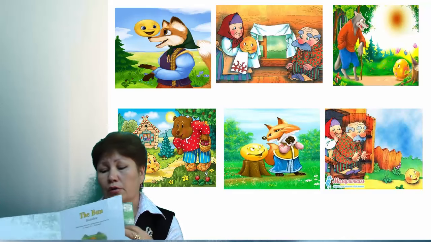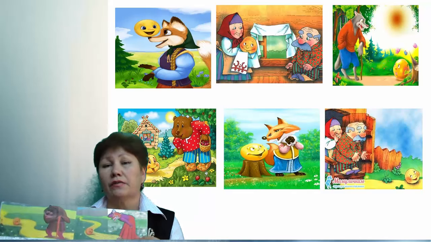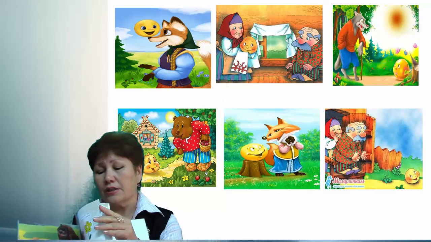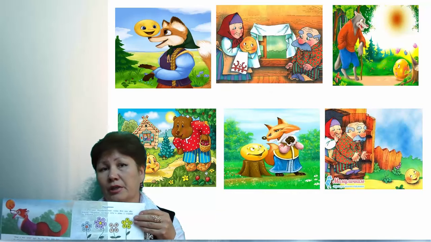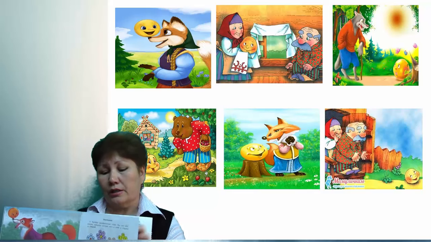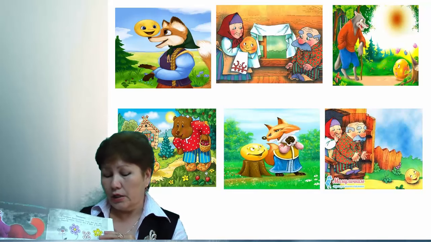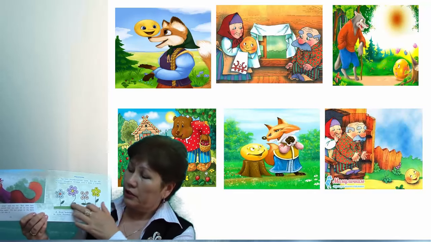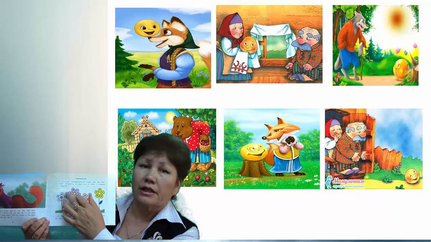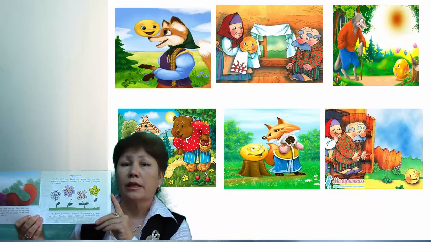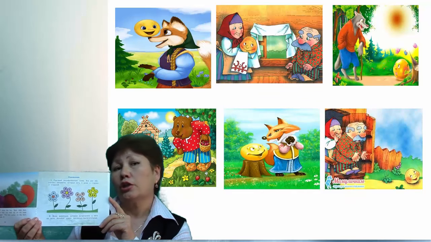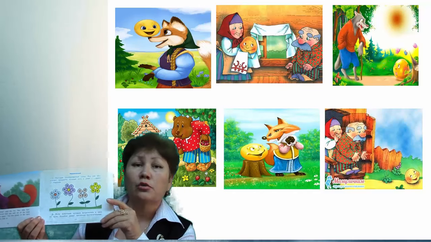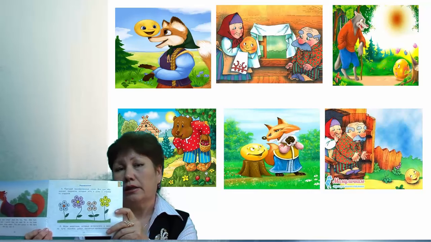Then at the end of your book you can see some activities which you may use in your class after telling this story and dramatizing it by your learners. One of the activities you may use: draw the picture of flowers, and on each you should write letters, and they should guess all the words which were mentioned in the story at the beginning concerning the house of the old man and old woman.